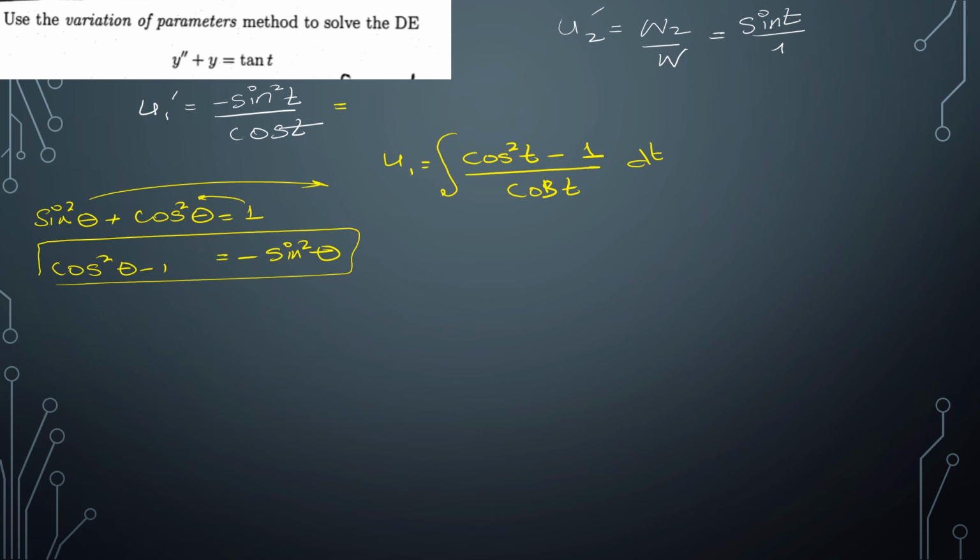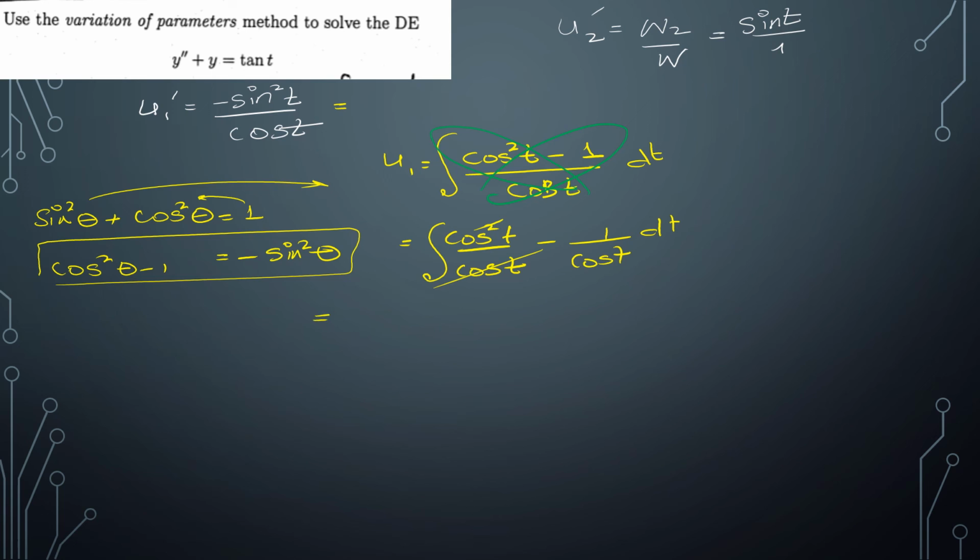Now, with all the numerators, write down the denominator to write it in a simpler form. So I can write cosine square t over cosine t minus 1 over cosine t dt. Now this square will cancel with this one.